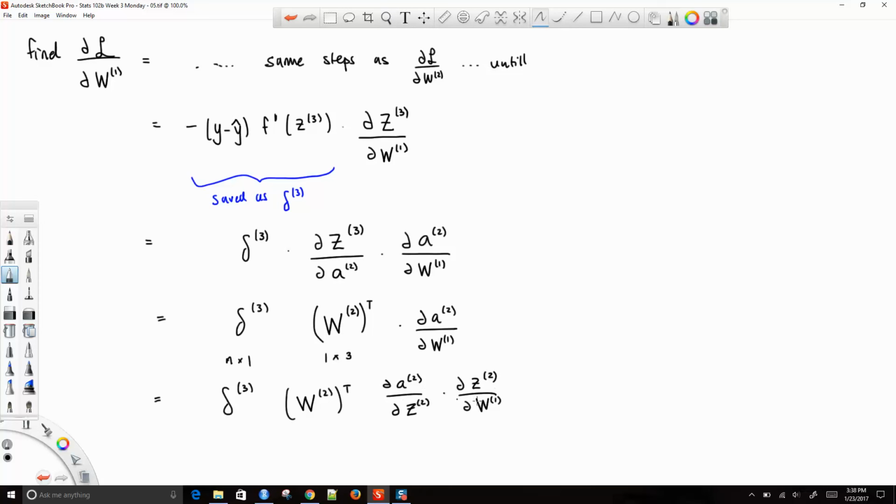So we just keep applying the chain rule here: that thing splits into the derivative with respect to that, and then the derivative with respect to the next. And if we think about what A2 is, A2 is the application of the sigmoid function to Z2. So dA2 dZ2 is just f prime of Z2.